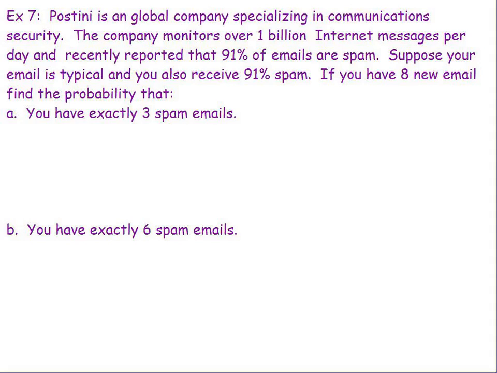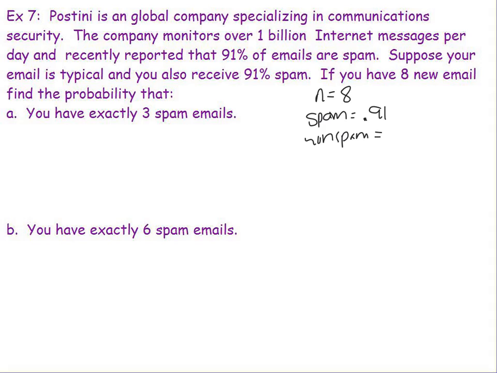Now before we answer the question, we're going to write down everything we know. We have a total of 8 emails. That is your number of trials, so that's your N. Your N is 8. Now, spam is one of your percentages, and that's 0.91, which means non-spam is what's left over.